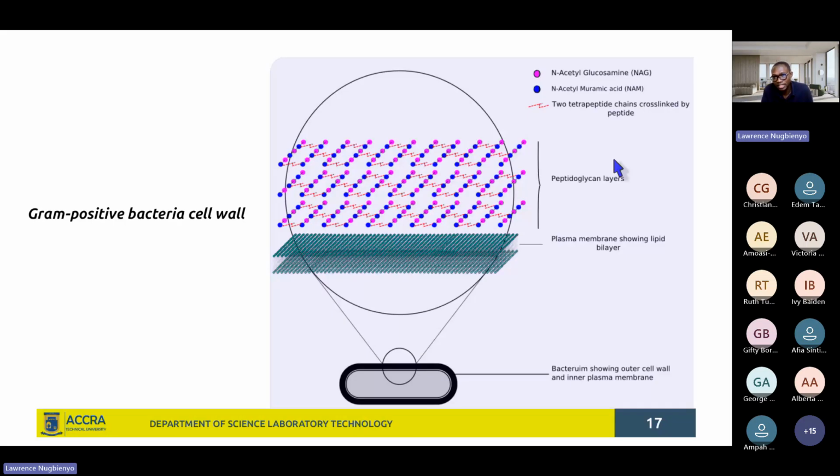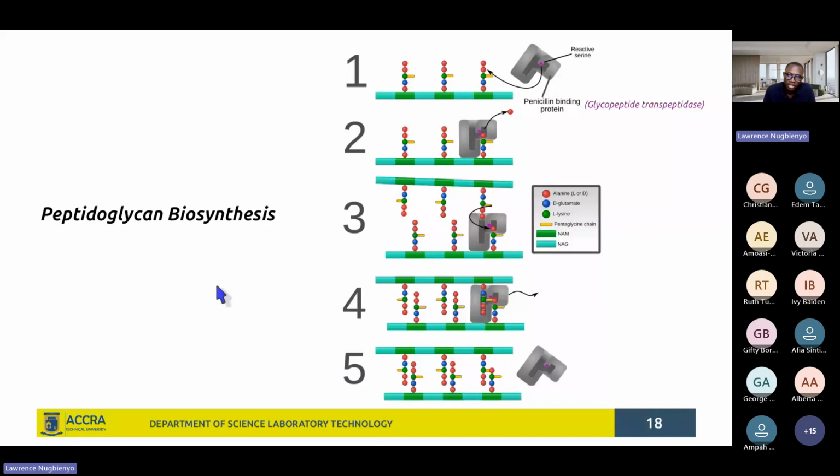So you have two peptides that have a cross-linkage between N-acetylmuramic acid residues. So that is the structure of the peptidoglycan, which is a major component of the cell wall of gram-positive bacteria. Okay.